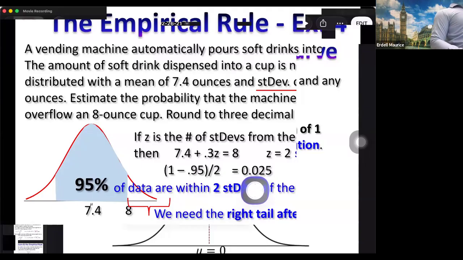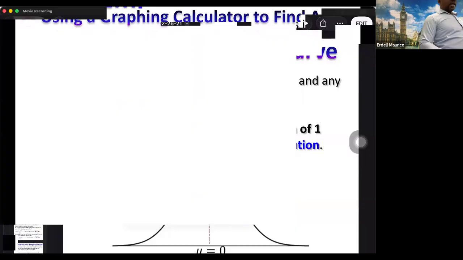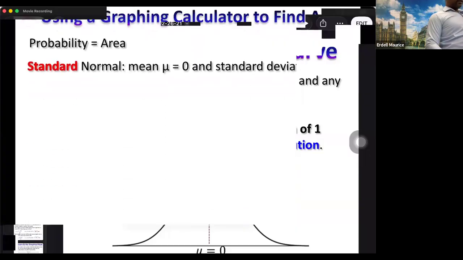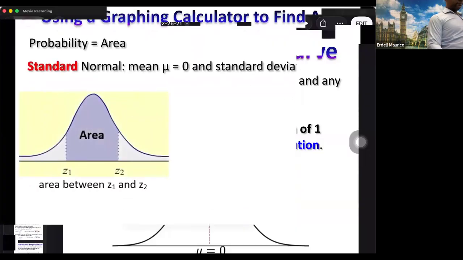Questions there? So the answer was 0.02245 or something like that. Different answers.